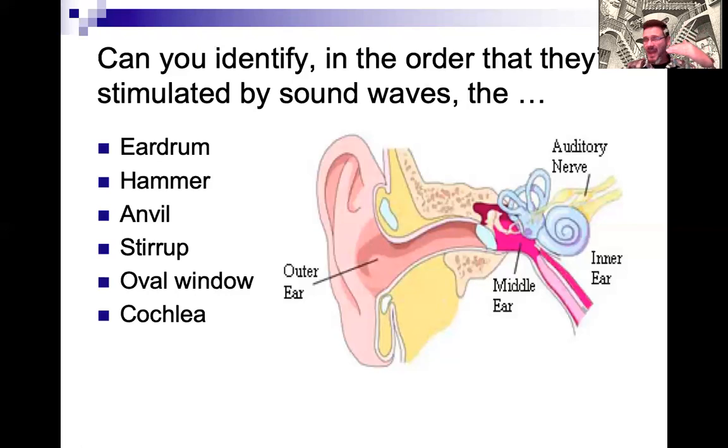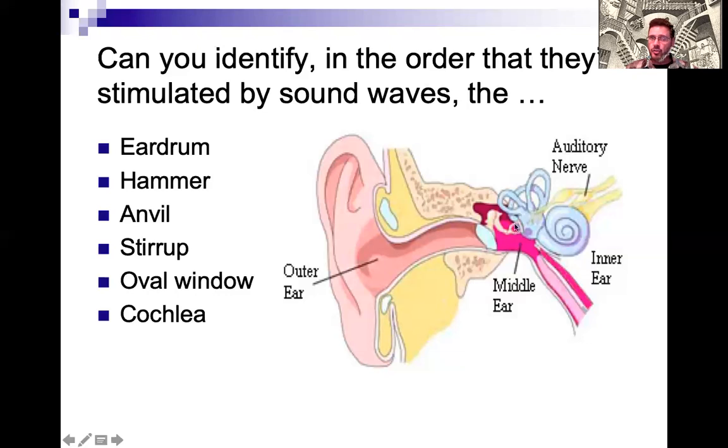Think hammer, anvil, like a blacksmith has a big hammer and he'll smack iron on an anvil. He has a hammer and he smacks the anvil to shape a sword or horseshoe or whatever. So the hammer wiggles, strikes the anvil, which also then wiggles, and then that's attached to the stirrup.